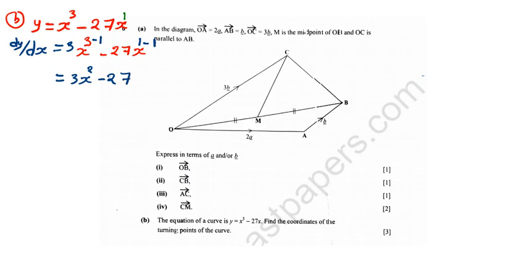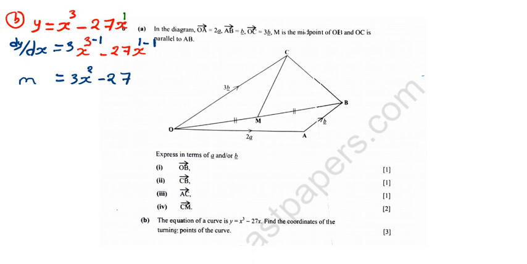Because 1 minus 1, I'm getting a 0, and x to the power 0 is just a 1. And that 1 we multiply with 27. So here I'm just getting 3x squared minus 27. So that's my gradient function. So this is my gradient function.